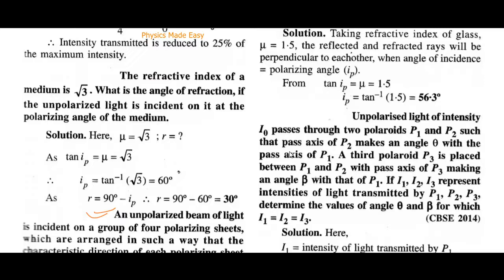I1, I2, I3 represent the intensity of the light transmitted by P1, P2, P3. Determine the values of angle theta and beta for which all these three are equal. Now this is what we have to determine.